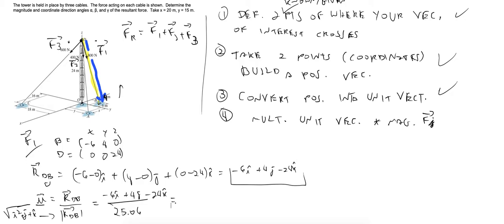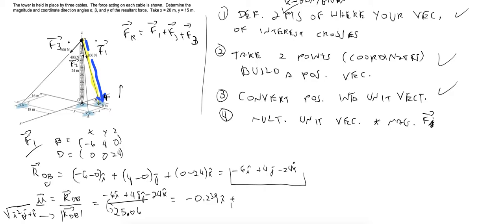Now all we do is perform those divisions individually, because these are different components. So that would be minus 6 divided by the magnitude, which has a value of minus 0.239i, plus 4 divided by this value.